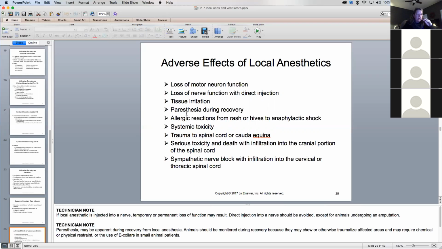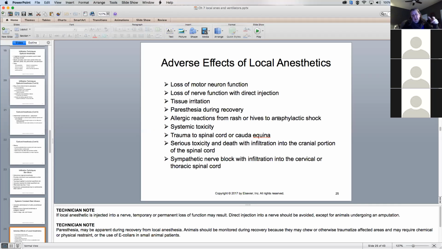That's not normal either. But what I want to stress is that we worry about allergic reactions. When you give these drugs in the tissues, like a local or a splash block, you want to look for redness and flushing. But with anaphylactic shock, if you were to use an epidural and they were to react, that's why they said anesthesia monitoring.